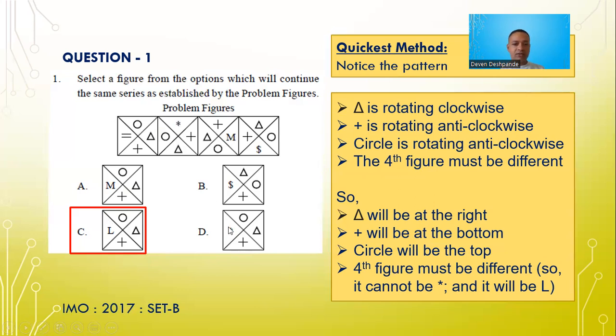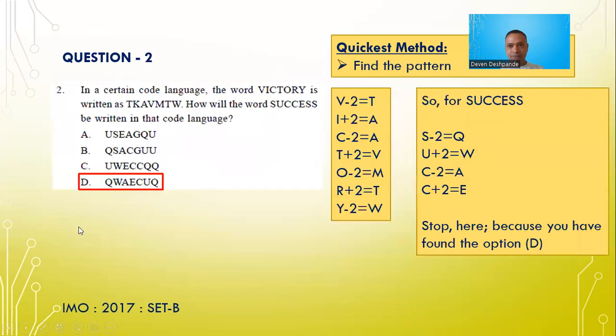So circle triangle plus, even D is one of the options, but it cannot have star because the fourth figure must be different. So only option is C, where L is different, isn't it? Because we didn't have L in any of these figures. It was equal to, it was star, it was M, and it was dollar. L was not there. So option C is the correct option.